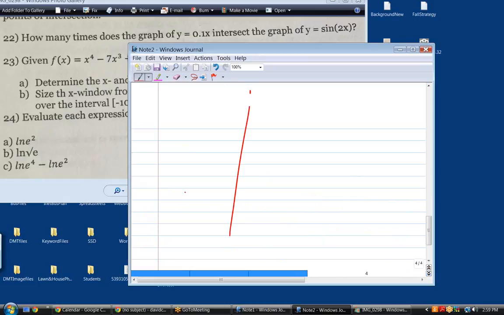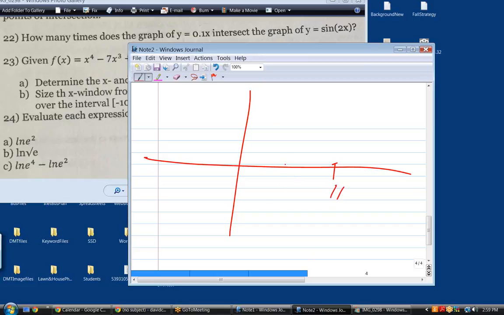What's the graph of y equals sine of 2x look like? It's just going to have a horizontal shrink, so it's going to be like sine of that. Period going to be? Pi. Right.